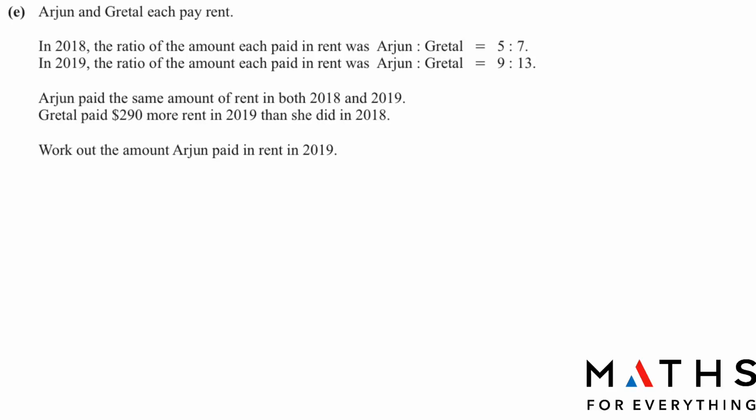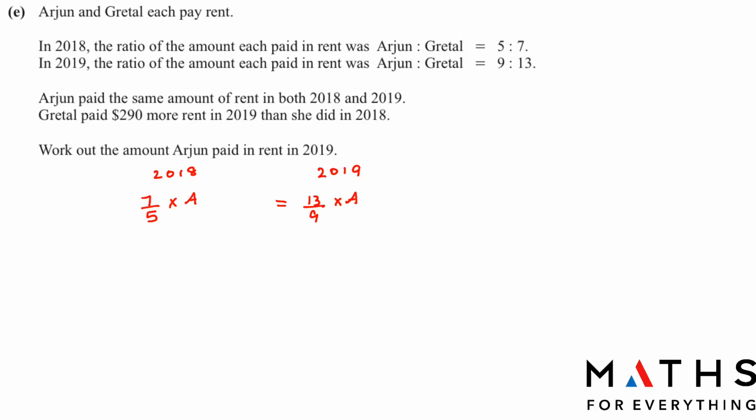A lot of information has been given to us. Now let's write that down. In 2018, her ratio was 7/5 of Arjun's rent. In 2019, it was 13/9 of Arjun's rent.